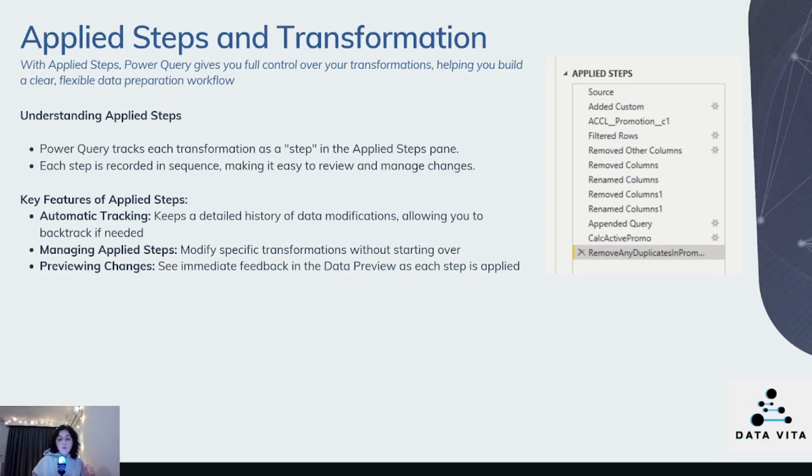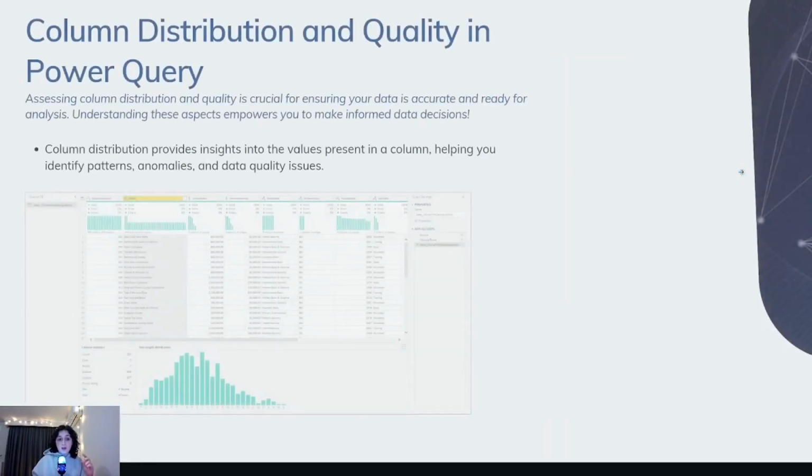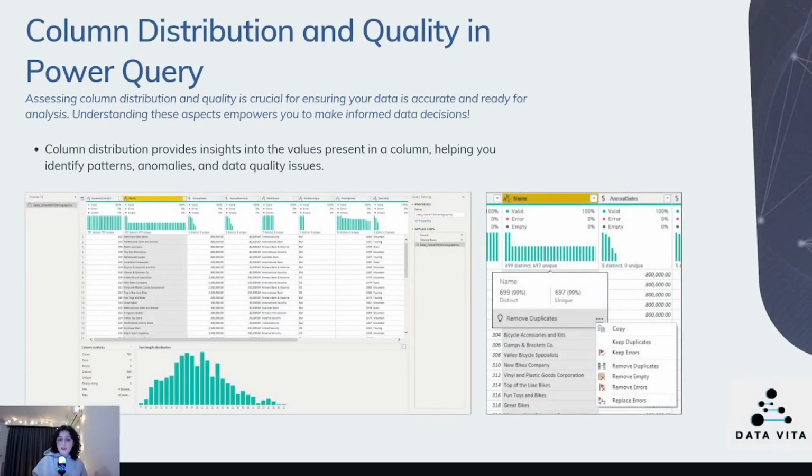But we also have column distribution and quality in Power Query, which is very useful for analyzing your data and understanding these aspects empowers you to make informed data decisions.